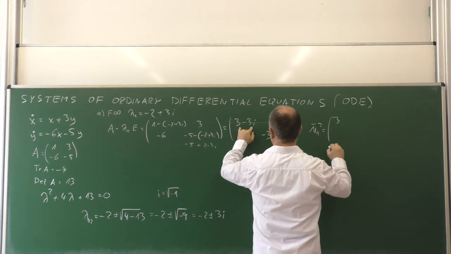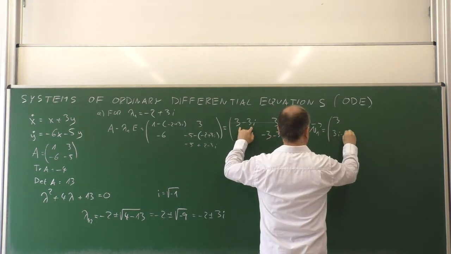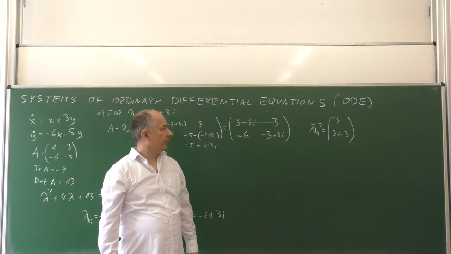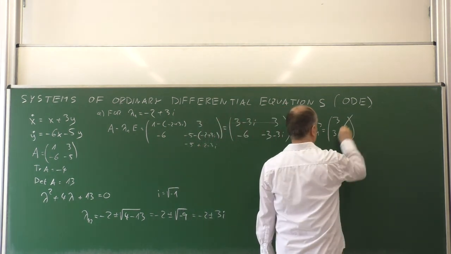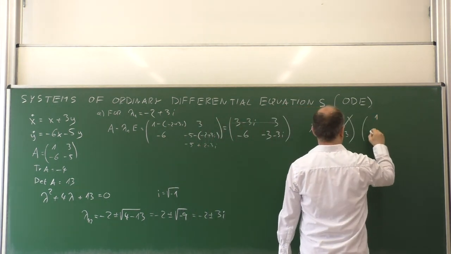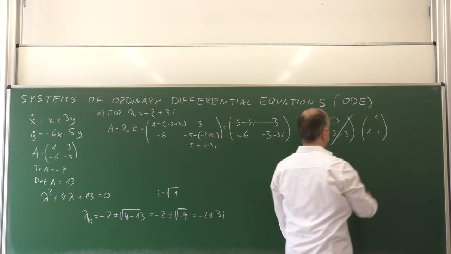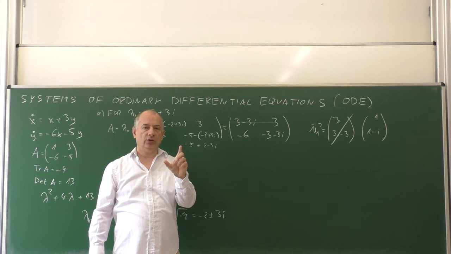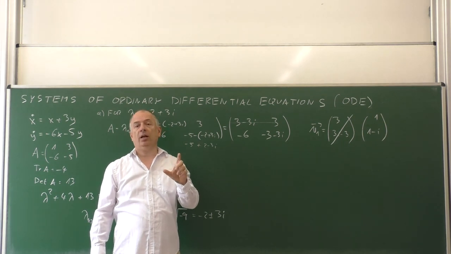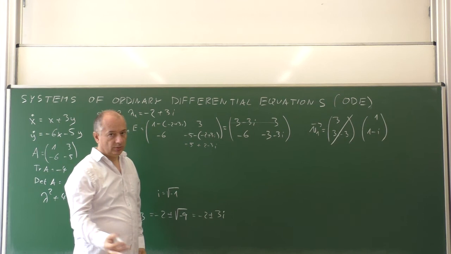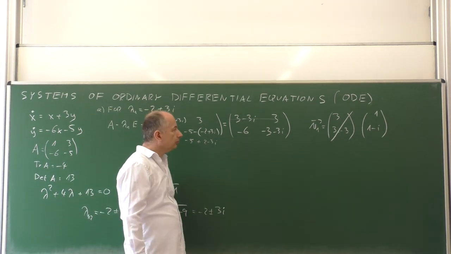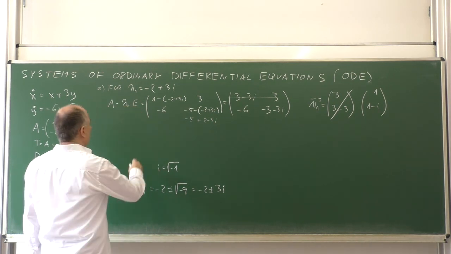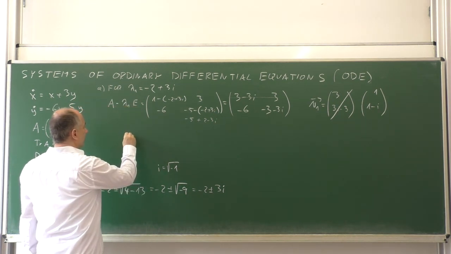And if we multiply this by minus 1, we have 3i minus 3. But we can divide by 3. And we have 1 minus i. Because if we have some eigenvector, then any non-zero multiple is again a perfect eigenvector. So we can multiply by 1/3.